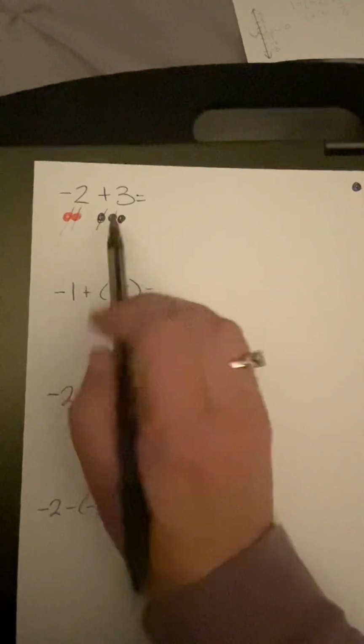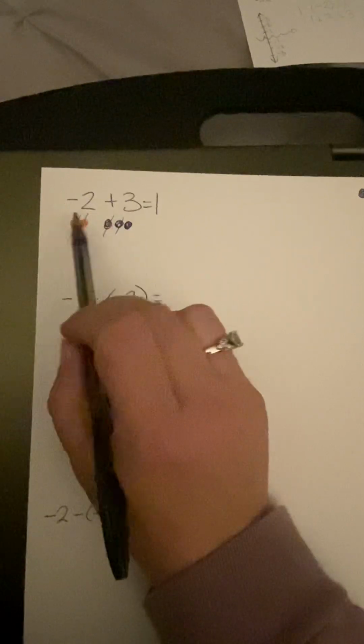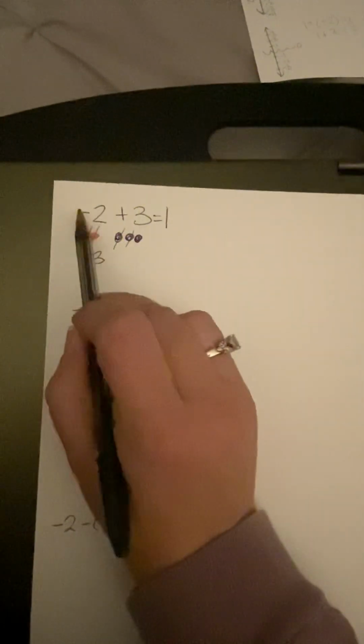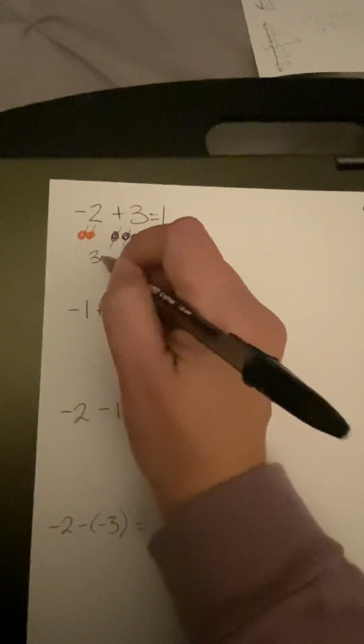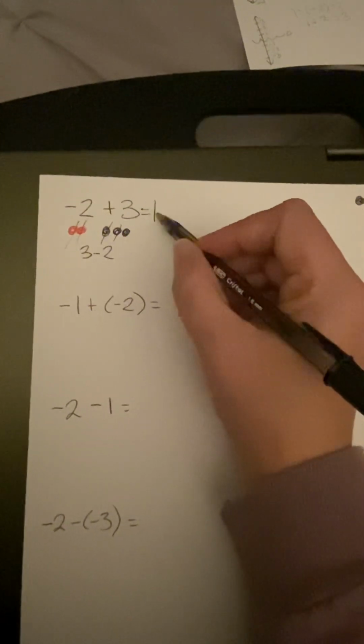I'm left with +1. Another way that you could look at rearranging these numbers here, +3 minus 2. 3 minus 2 is +1.